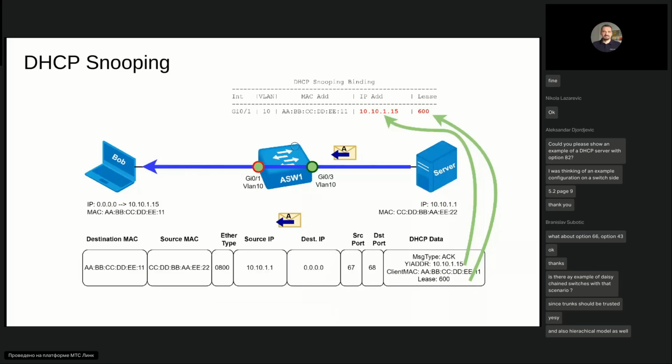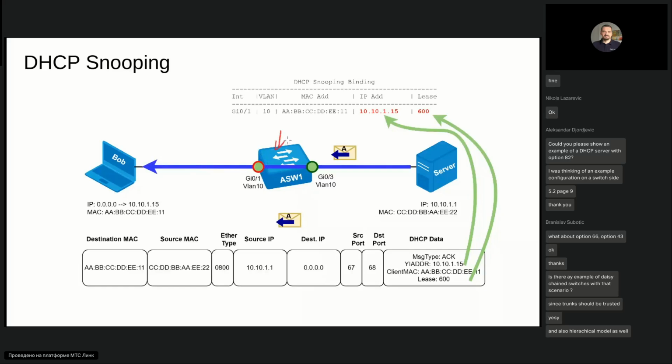So after that, the switch knows that, for example, if someone else on some other port is trying to introduce himself with this MAC address, then it will be a failure, because we know that this MAC address is stated on this port.